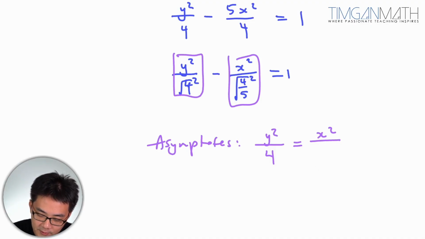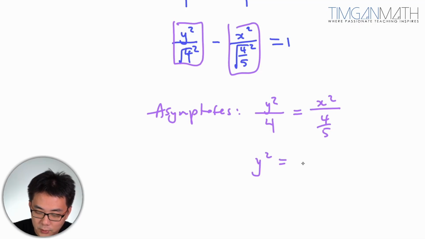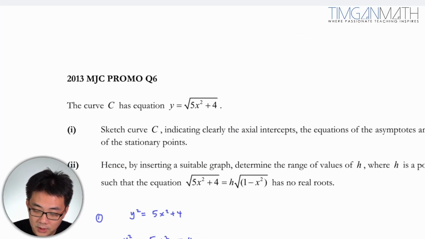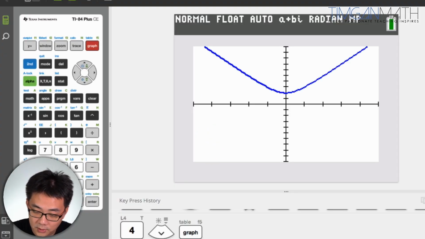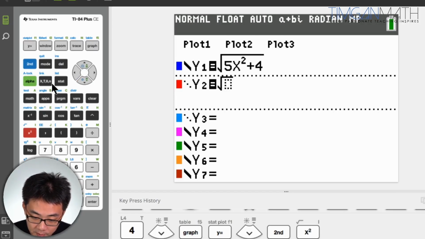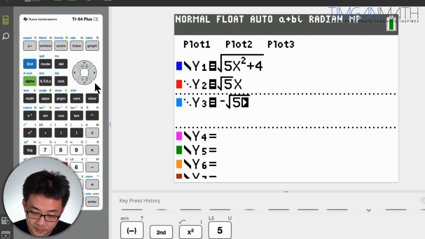Then y is equal to root 5 times x, or negative root 5 times x. Okay, so we're just going to see how this pans out.